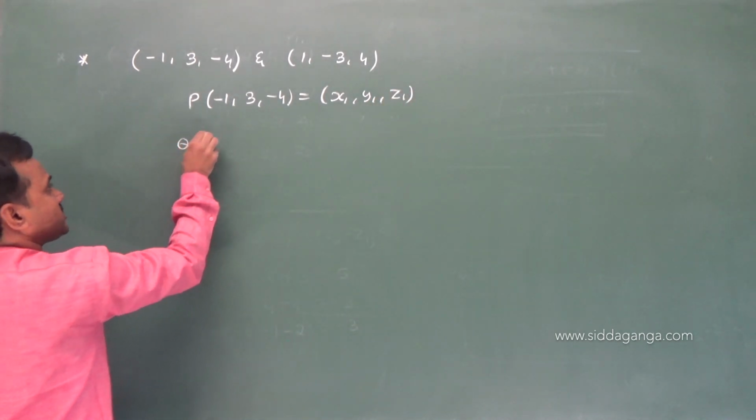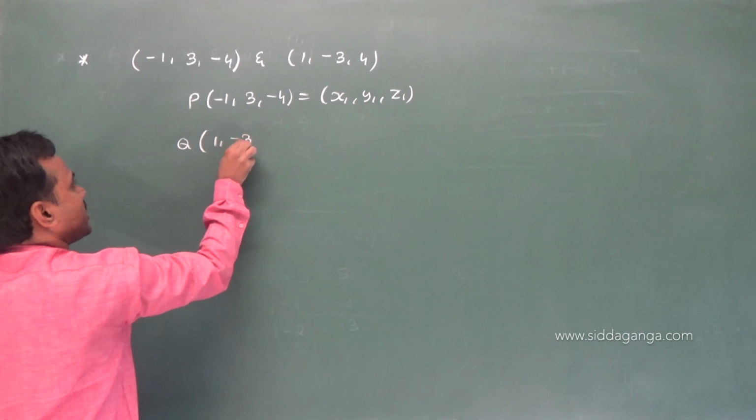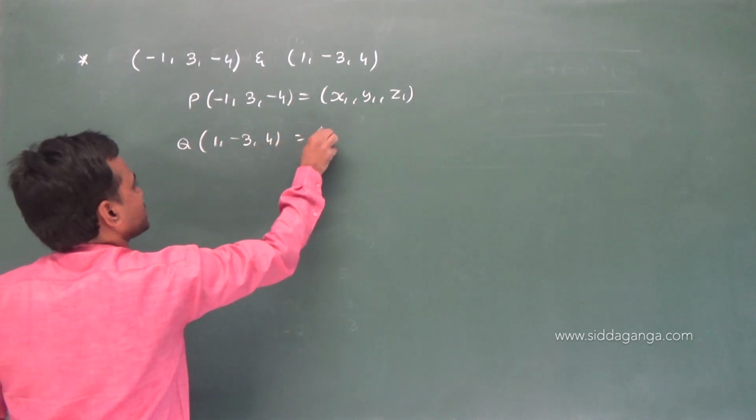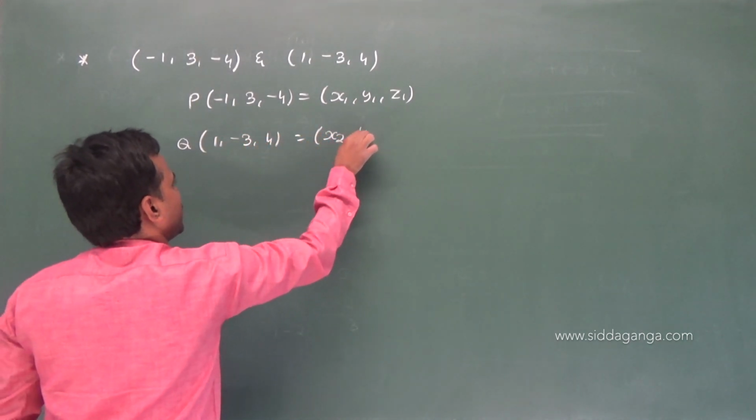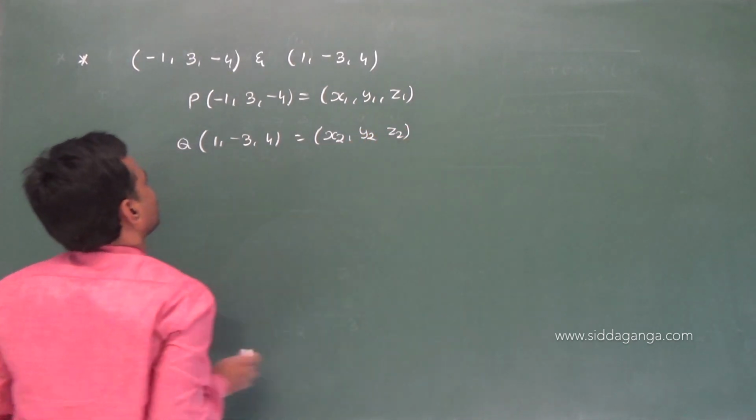The next point I treat as Q, 1, minus 3, 4, that I treat as x2, y2, z2.